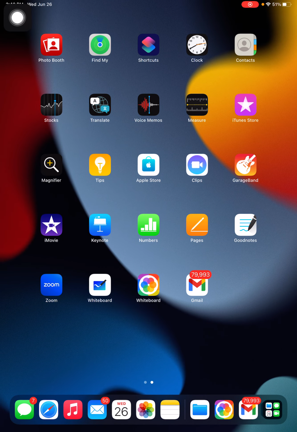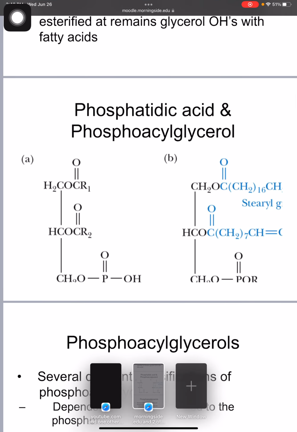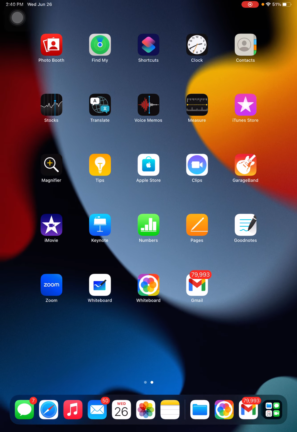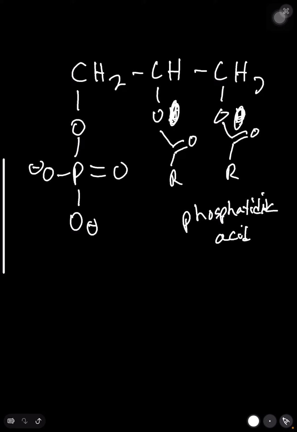That's sort of a root compound where you can make several different types of what we call phosphoacylglycerols. And which type of phosphoacylglycerol do you have? Well, it all depends on what else you might have attached to this guy down here, right?